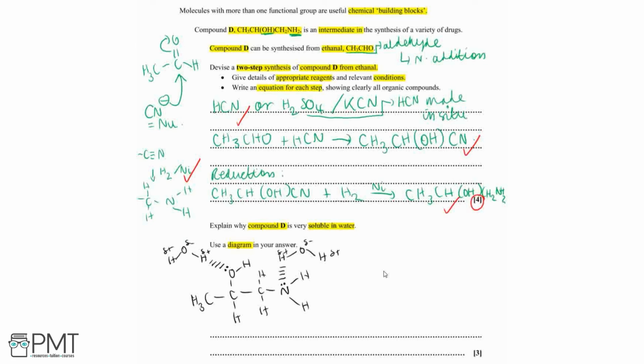So we've drawn some hydrogen bonding here, and the key thing in our answer is to say that we have two groups which can form hydrogen bonds on our molecule. And the key thing is that it can form hydrogen bonds with the water overall.